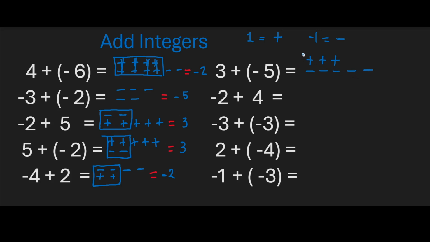Now, positive and negative, they cancel each other out. So you see, all of this is going to be canceled. It's going to be 0 because they cancel each other out. And that tells me that the answer is whatever is going to be left outside the box. And just count them. 1 and 2. So the answer should be -2.